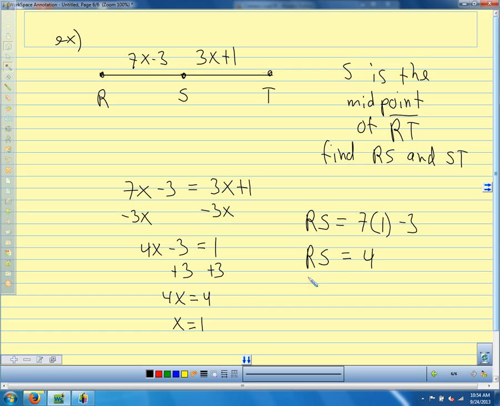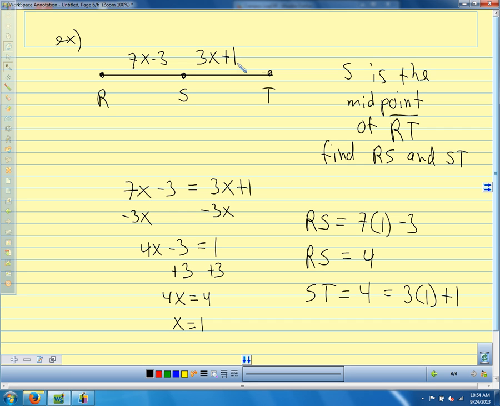So RS equals 4. And if we did it right, ST is going to be 4 also. And we can check that. 3 times 1 plus 1, plugging in x there. So we did the problem right. Each segment length is 4, and we found the midpoint. If you get two different numbers, you probably did something wrong.